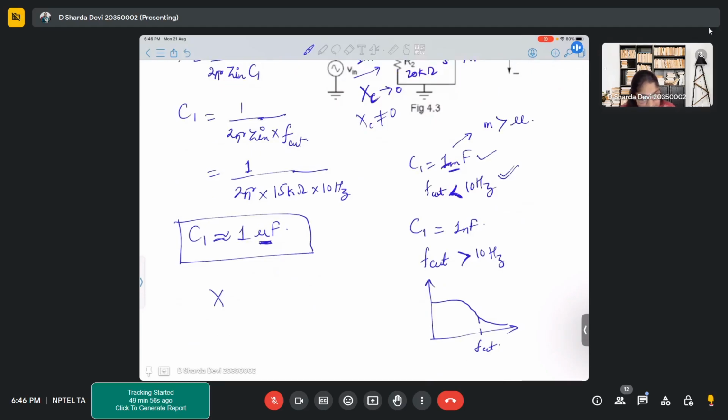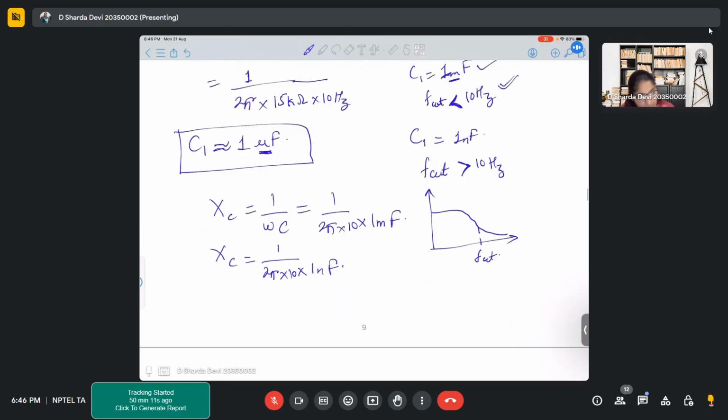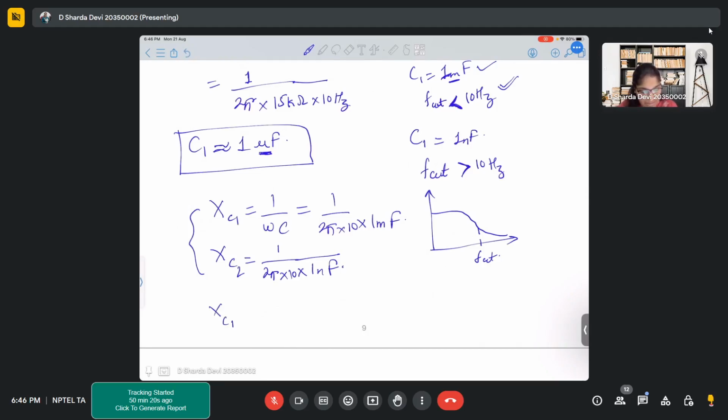Simply you'll solve Xc, right? 1 upon omega c, 1 upon 2 pi into 10 into 1 millifarad, and Xc is 1 upon 2 pi into 10 into 1 nanofarad. So what will be the Xc that you'll be seeing in both the cases? Xc1 is lower than Xc2, right?